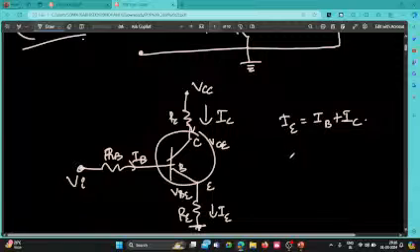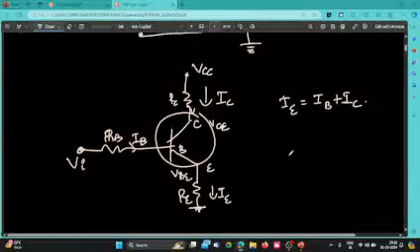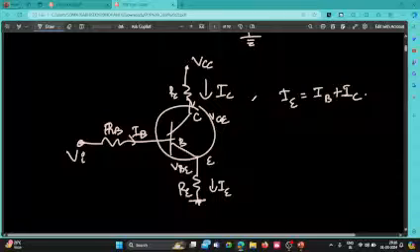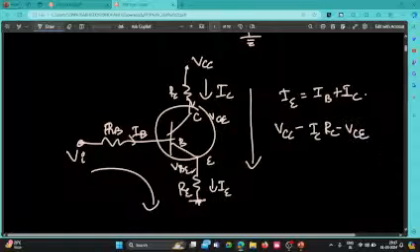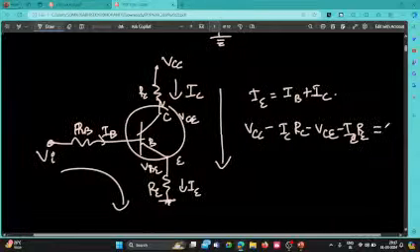We have to write the equation from this side and once from this side. We'll use Kirchhoff's law to write the equations, right? So I will start with VCC minus ICRC, because current is going through the resistance, and here the voltage will be minus VCE, and minus IERE, that will be equal to 0, because it's grounded here.